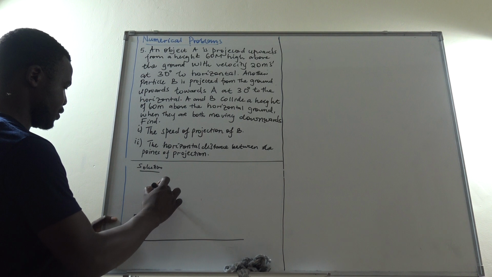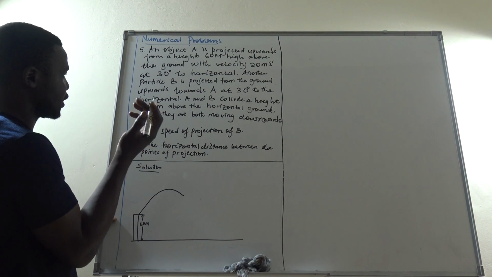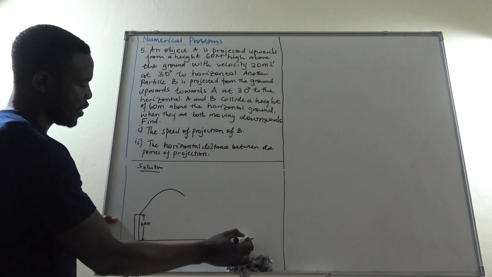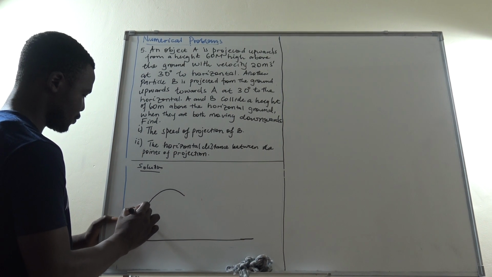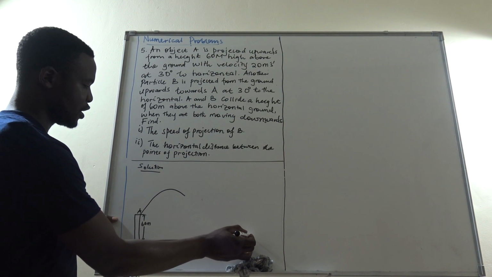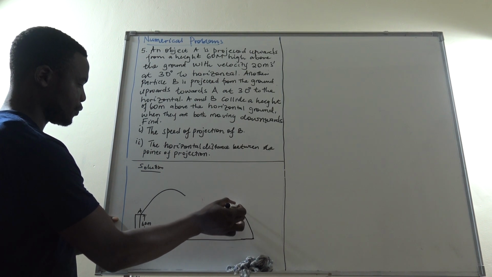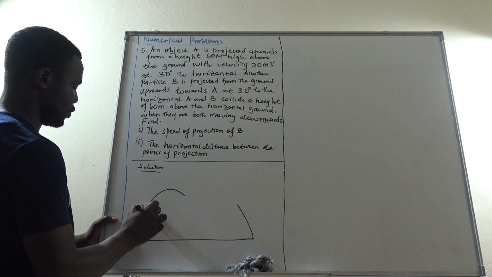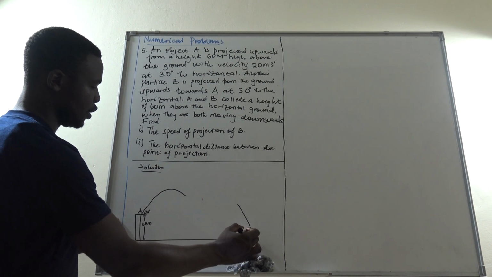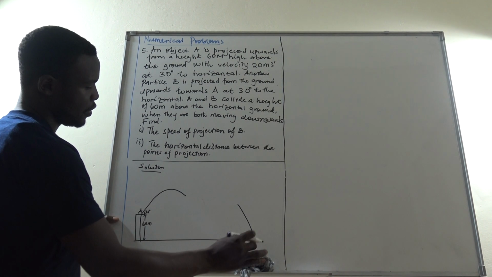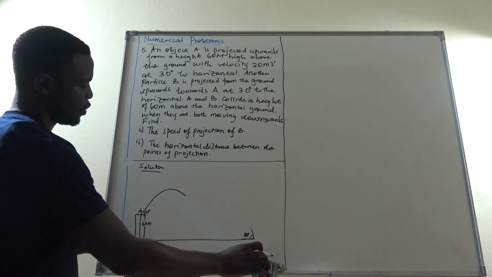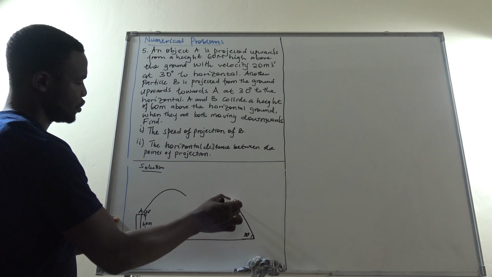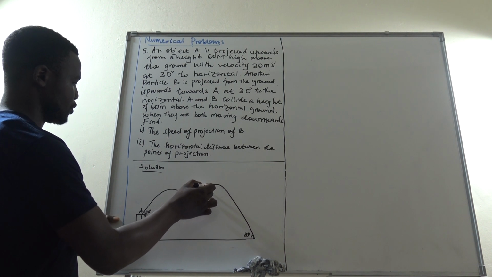But they are saying that at the same time, another particle B is projected. The angle of projection of particle A was 30 degrees. Also, the angle of projection of particle B was 30 degrees to the horizontal.